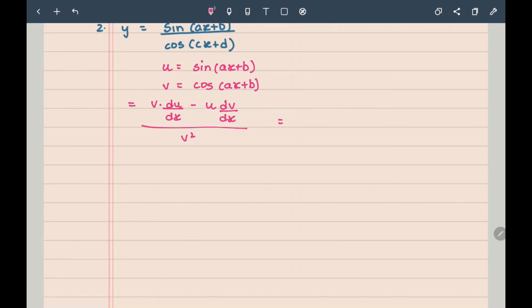So the value of v is cos of cx plus d, and the derivative of u, du by dx, that is derivative of sine ax plus b. I'll write it down here. du by dx is equals to, derivation of sine is cos.